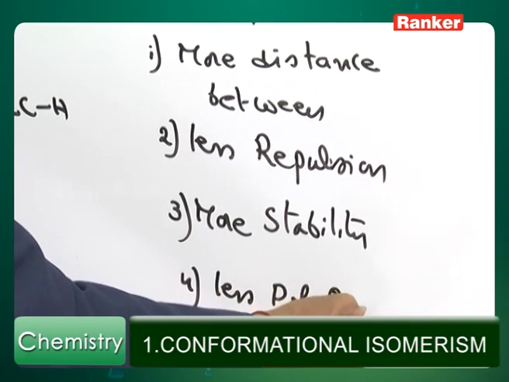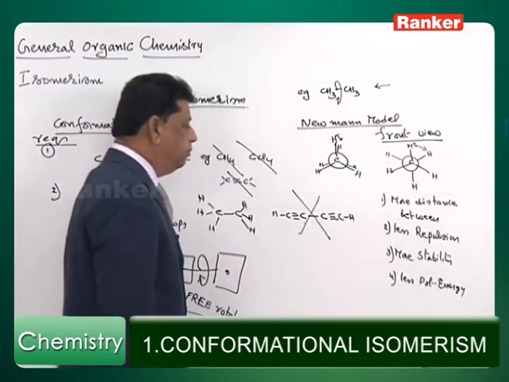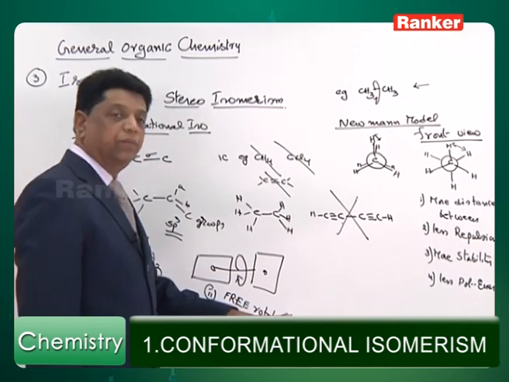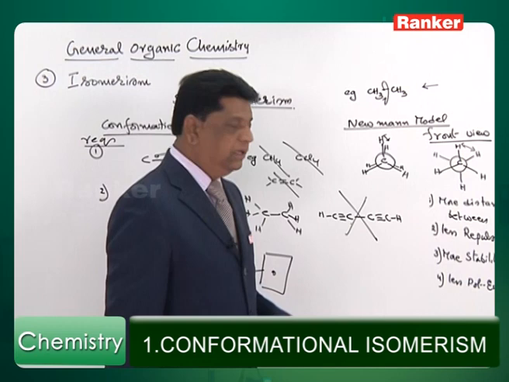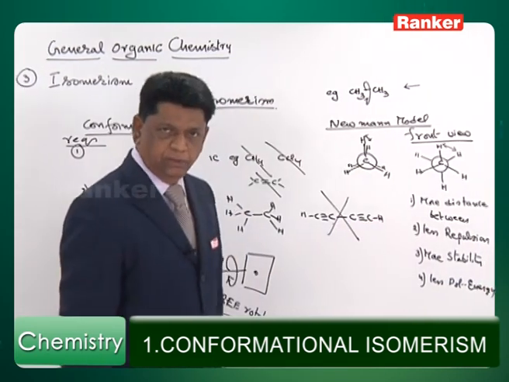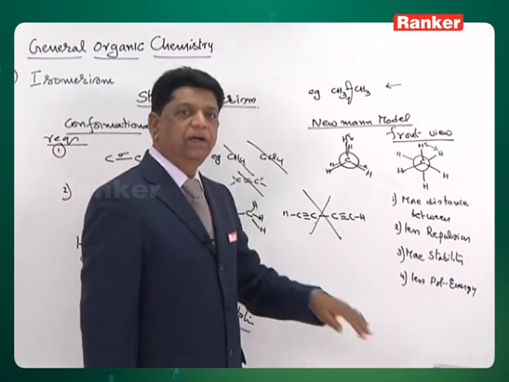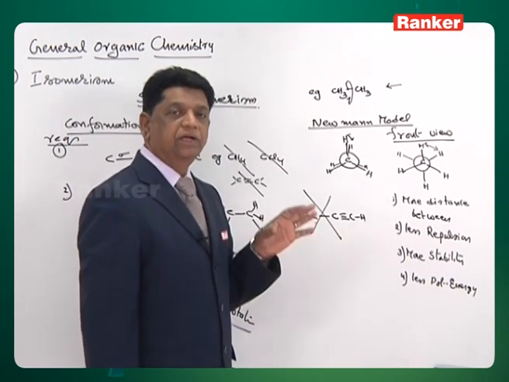The energy associated with the molecule is called potential energy. The molecule will try to occupy a lower potential energy state. When you burn both molecules, both give carbon dioxide and water, but this one's potential energy is less, therefore it liberates less energy. That is called heat of combustion.